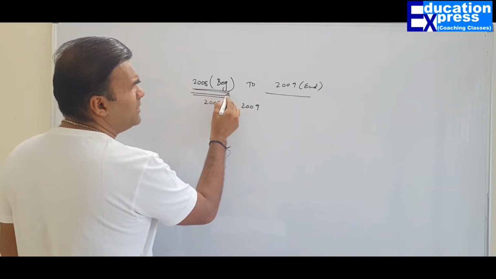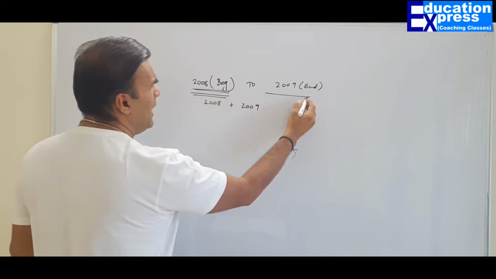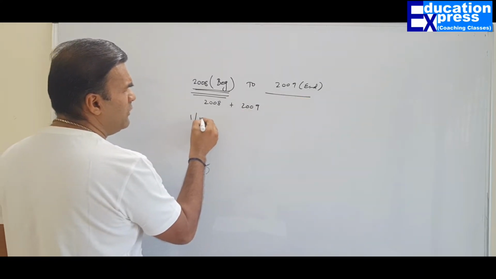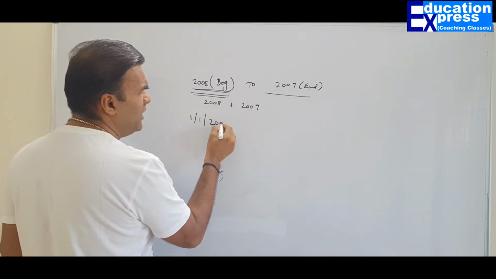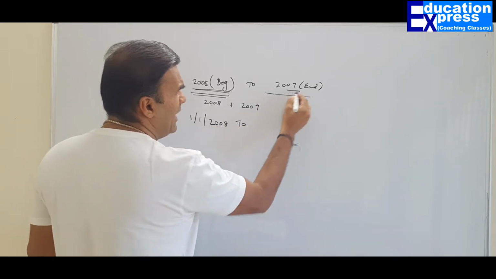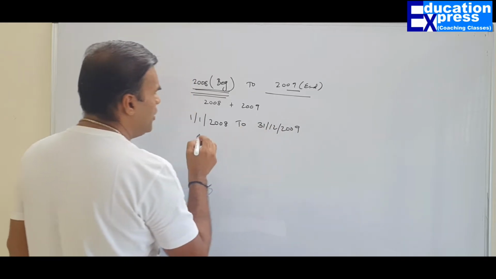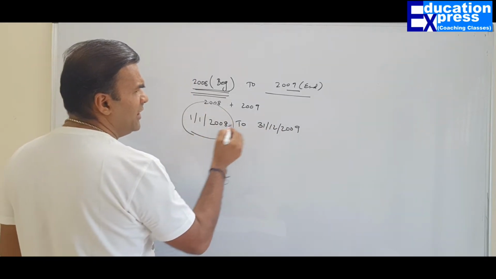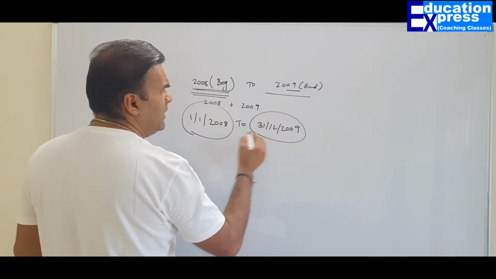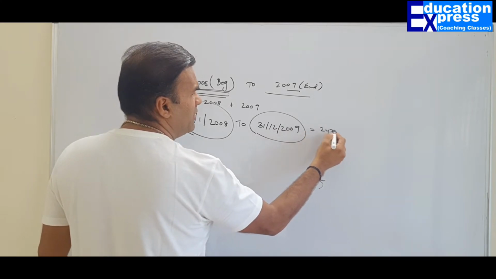Beginning of 2008 to end of 2009 means from 1st of January 2008 to the last day, 31st of December 2009. Entire 2008, entire 2009, this period would be 2 years.